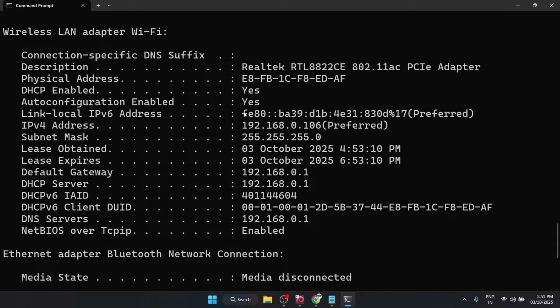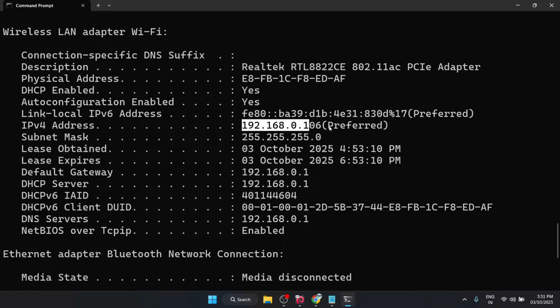Here is the IPv4 address, here is the IPv6 address. I told you that the IPv6 address is your hexadecimal address. If I didn't tell you, let me tell you that each digit can range from 0 to 9 and A to F. I already told you hexadecimal has digits ranging from 0 to 9 and A to F. So here also you can see the same thing.